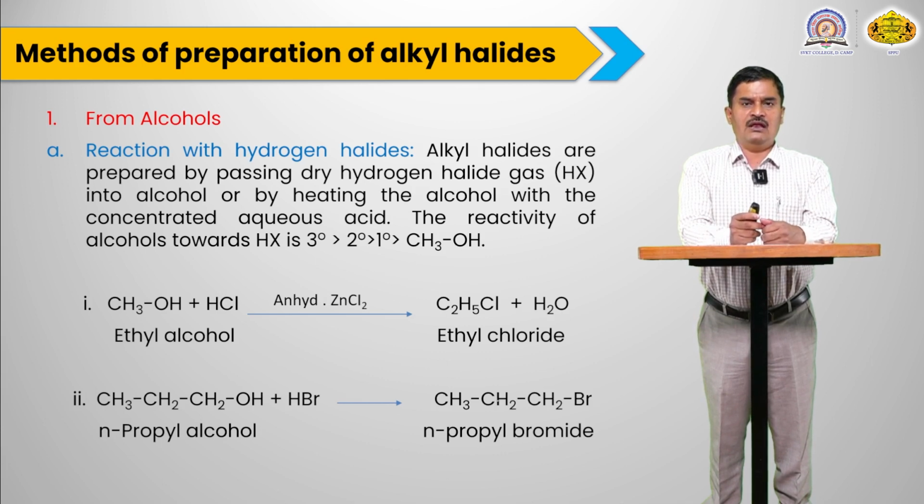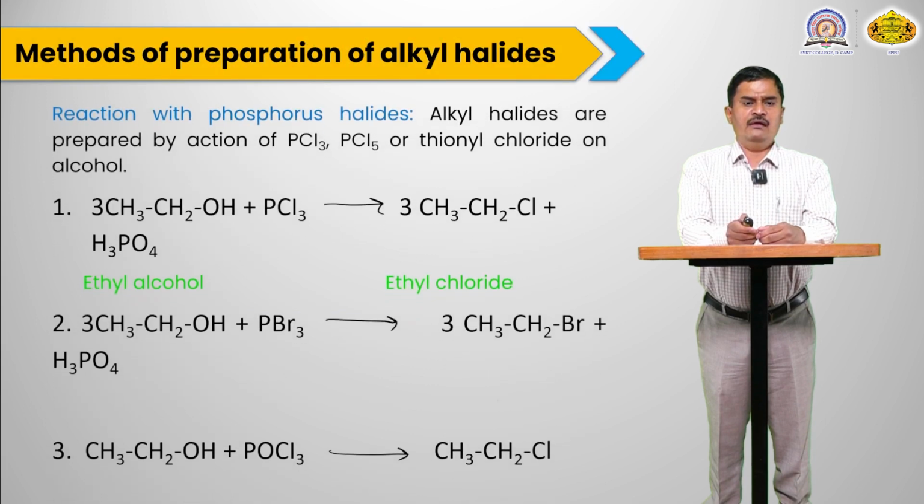So Cl minus easily replaces H2O, then ethyl alcohol converts into ethyl chloride, or n-propyl alcohol converts into n-propyl bromide. Means in the first step there is protonation. Then reaction with phosphorus halides.